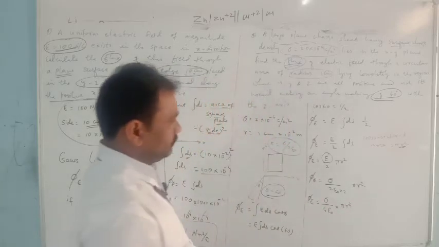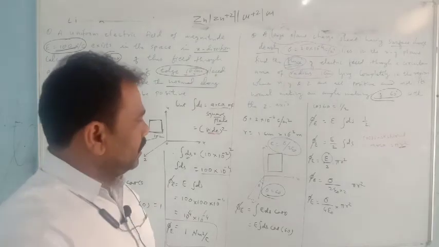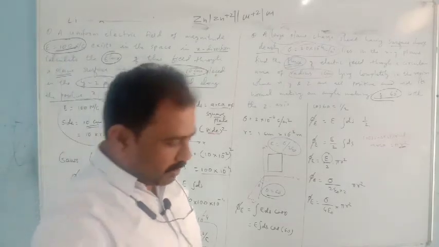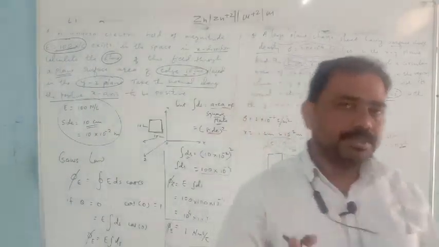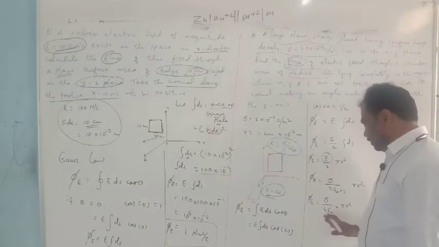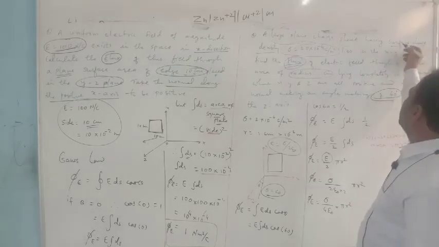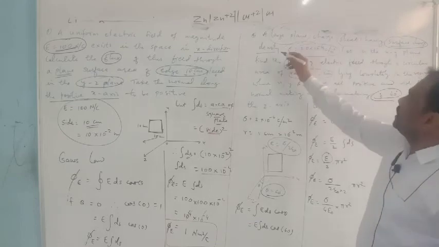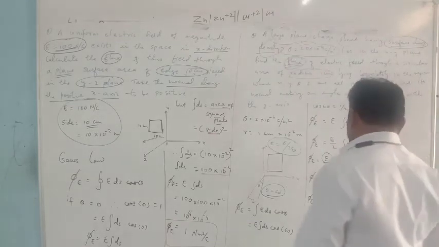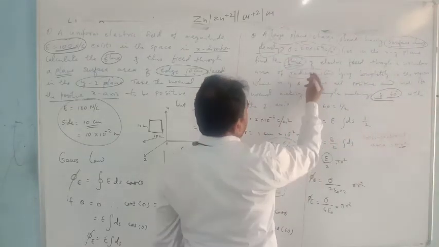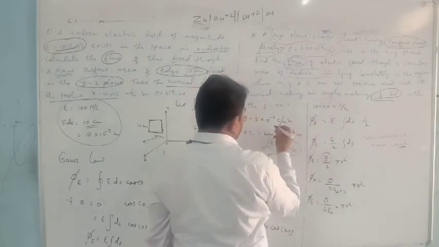Now we can substitute all the values, because epsilon naught has a constant value, and you must know that constant value, because you have to put it here. And sigma is given. What does sigma stand for? Sigma is the surface charge density, and its value is given as 2 into 10 to the power minus 6.